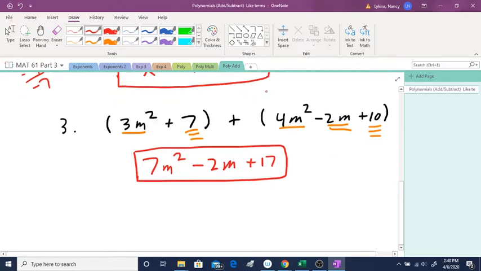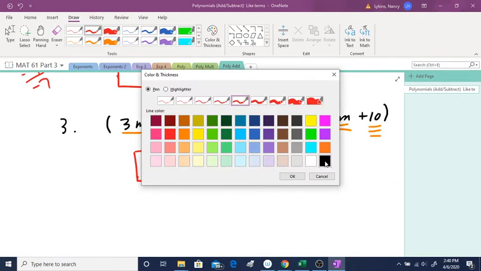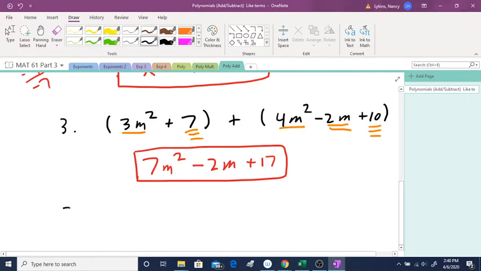Now let's look at subtraction. Subtraction is basically the same as addition, except you're going to subtract. So let's start off with a really basic one: 7n squared minus 4n plus 5.